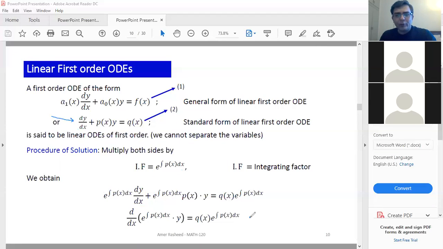Now, once we obtain this kind of expression, you can see that if we integrate here with respect to x, and also here we can integrate with respect to x. Now, integrating both sides with respect to x, this derivative and integral can be cancelled, and we obtain only this expression which is inside this derivative.